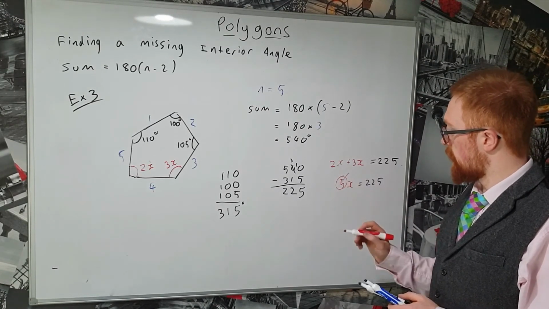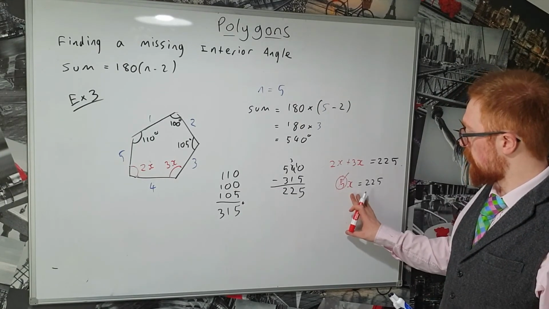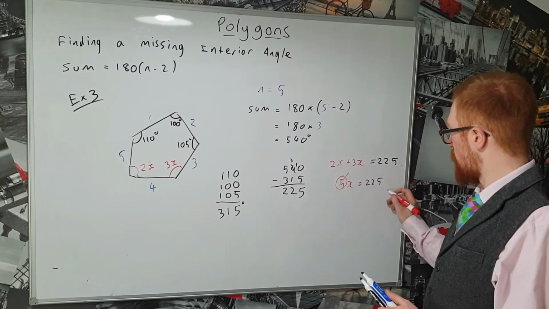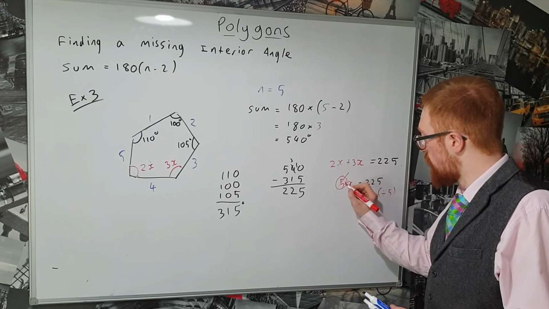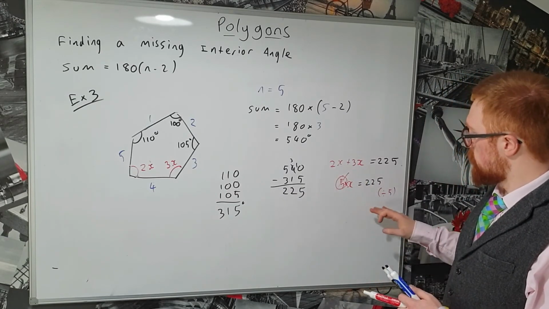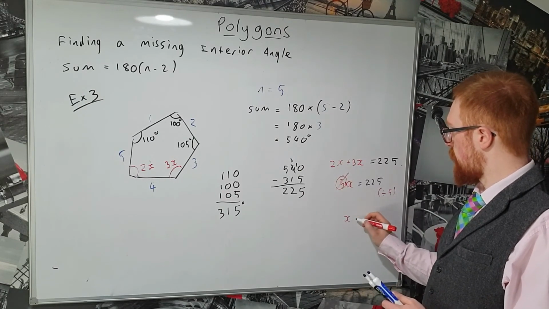Now, who can remember how we get rid of this 5 here in an equation? Absolutely right, we've got to divide by 5, because that is the opposite of timesing by 5, which is what this 5 and this x are doing. So dividing by 5 gets rid of that 5 on this side, that leaves me with x.